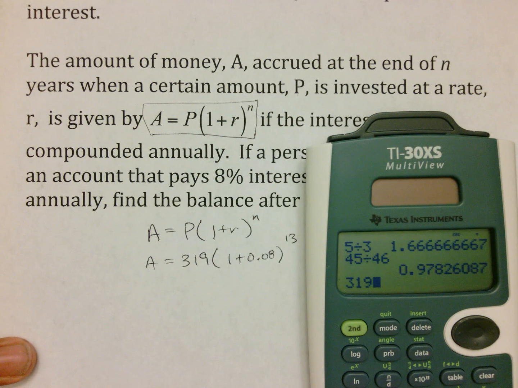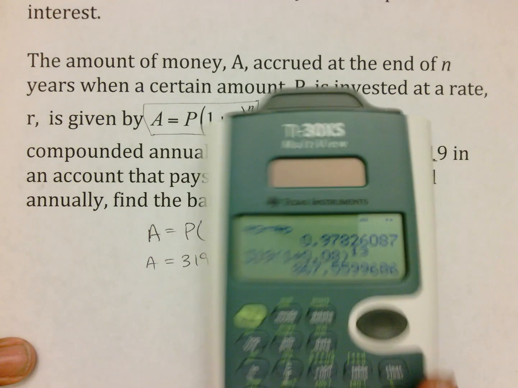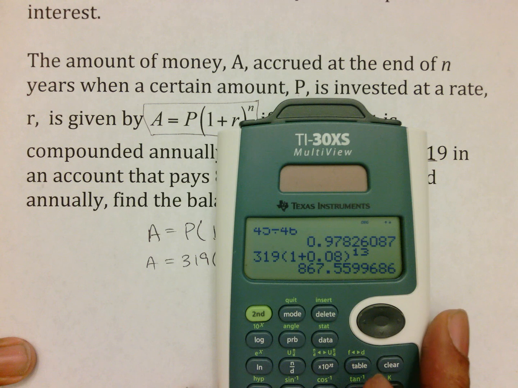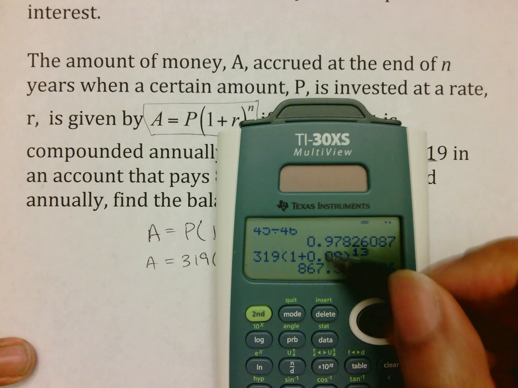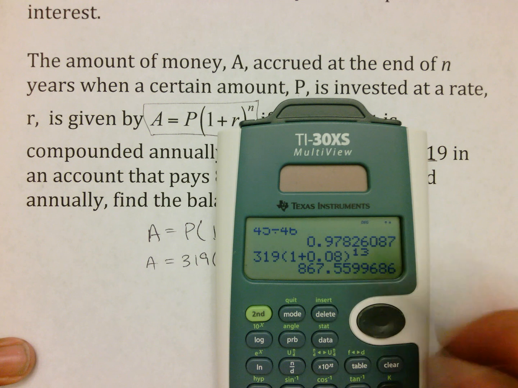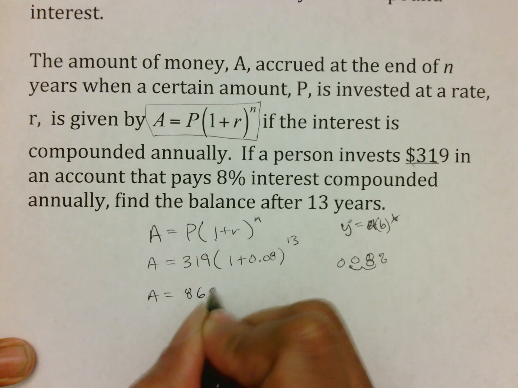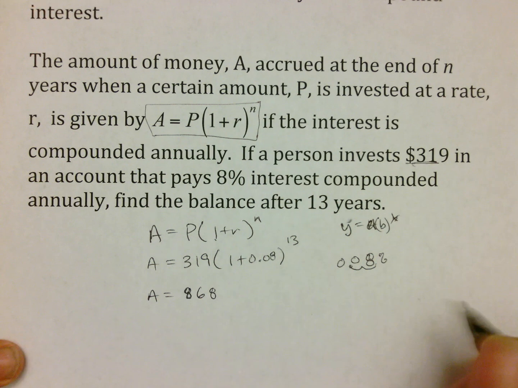So 319 times (1 plus 0.08) to the 13th is 867.56. I think I'm asking you to round to the nearest dollar. Rounding to the nearest dollar in this question means you're stopping at no change, so you want to turn this into 868 and leave it at that.